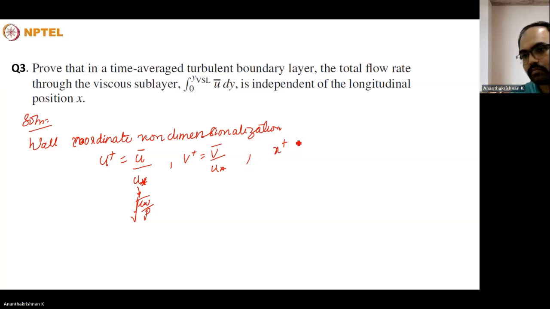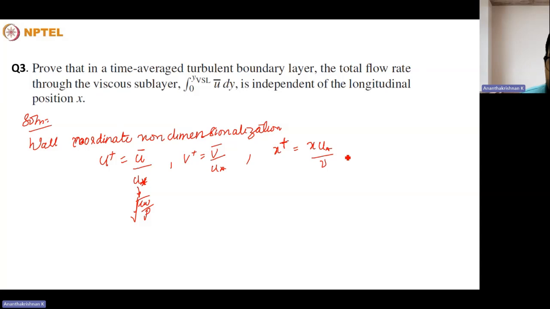Then x plus could be written as the non-dimensional x dimension, the non-dimensional wall coordinate. x plus could be written as x divided by u star divided by nu.